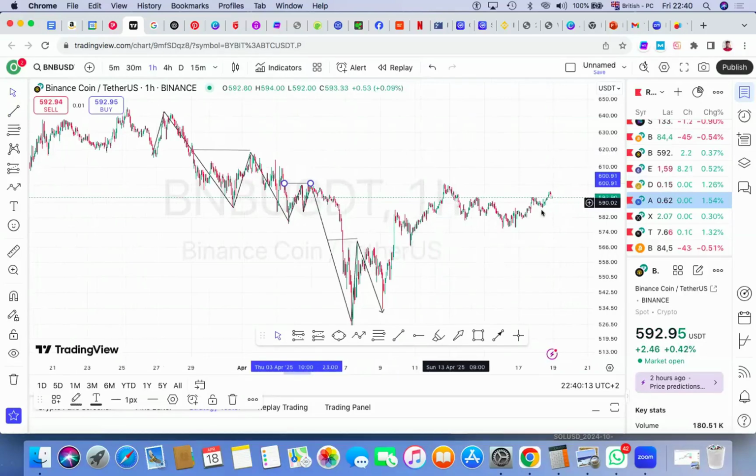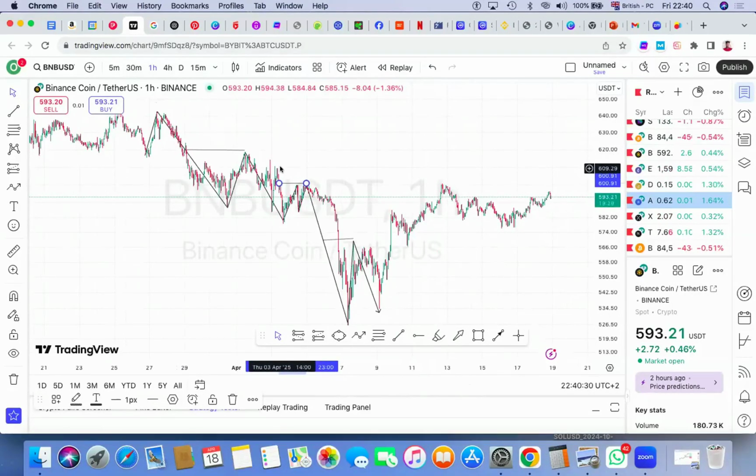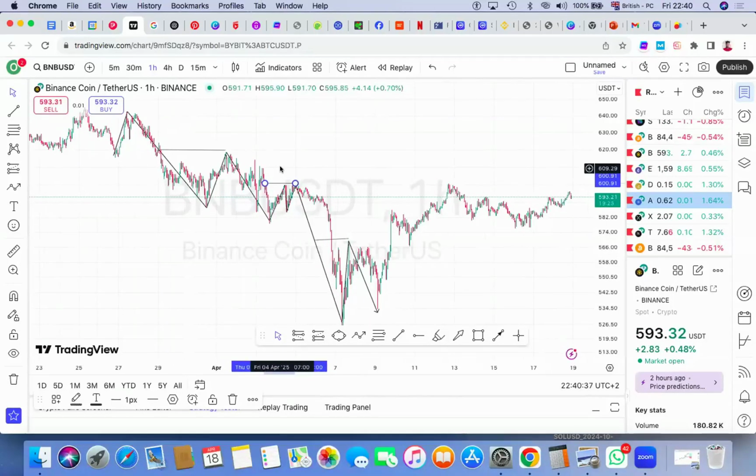This is from a live chart, and the current market price is around 593, from the lower time frame, but it might be different on the higher time frame. So this is an internal structure, but the bigger picture might be different. But this is just to show you the downtrend scenario from our chart.